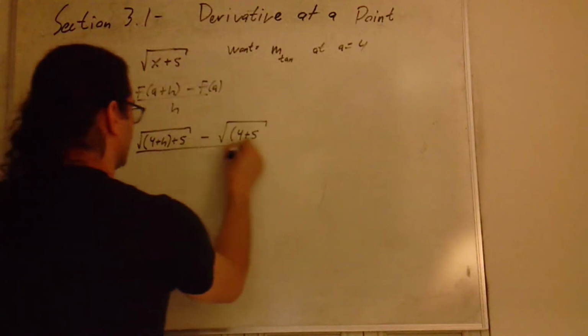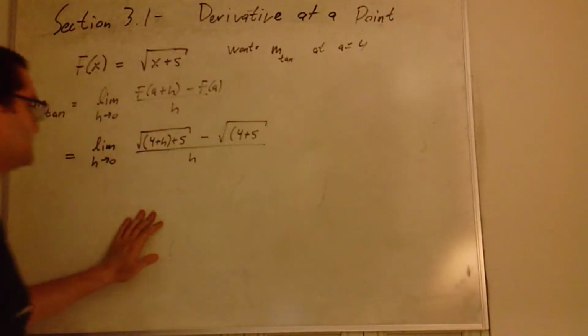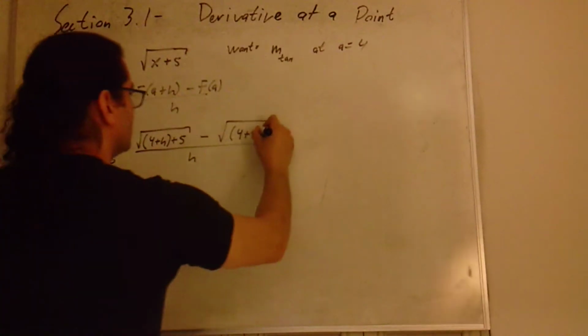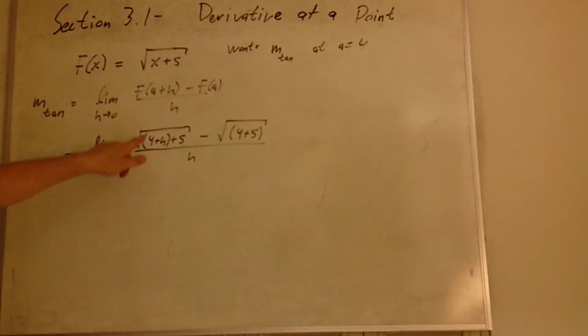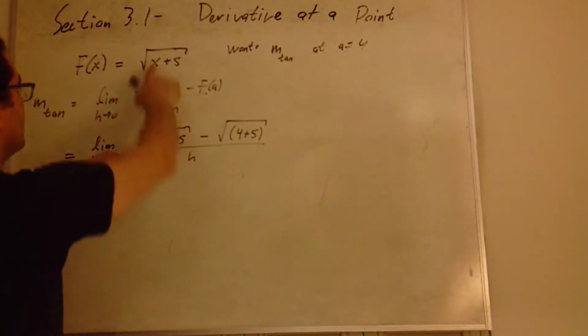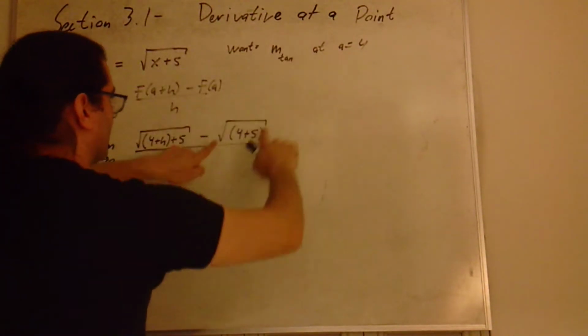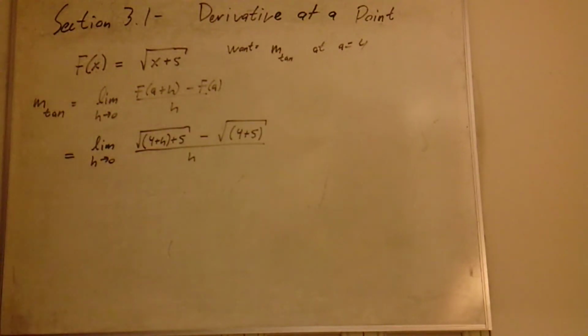And all of this is over h. So I plugged in a plus h to the function here, and I plugged in a, which is 4, to the function here, and now I have this.